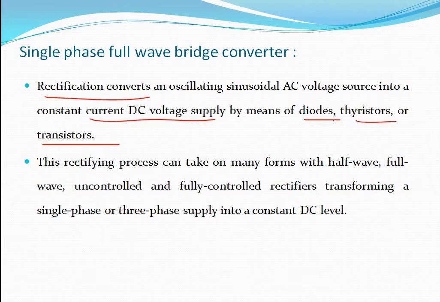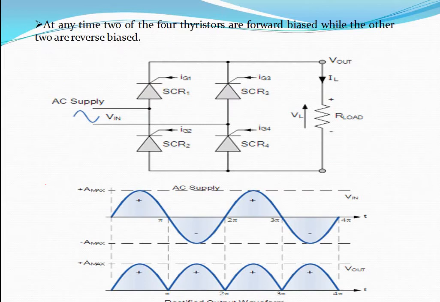This rectifying process can take many forms: half wave, full wave, uncontrolled and fully controlled rectifiers, transforming a single phase or 3-phase supply into a constant DC level voltage. It depends upon your application. So let us see the single phase fully controlled converter operation.